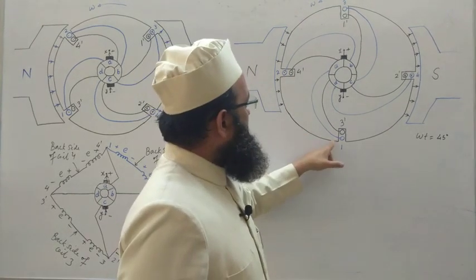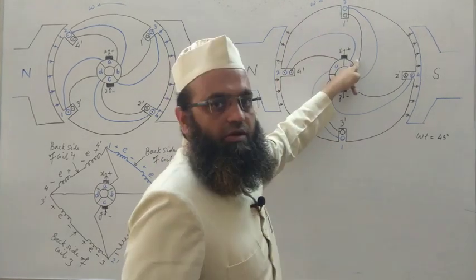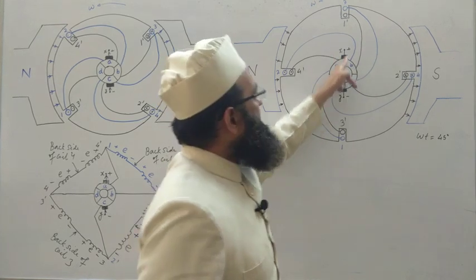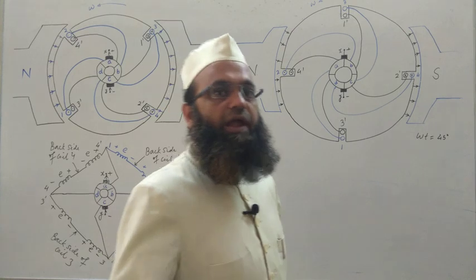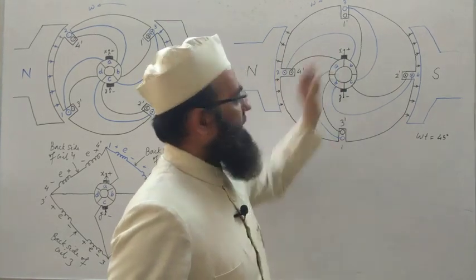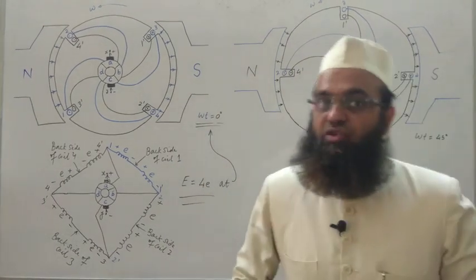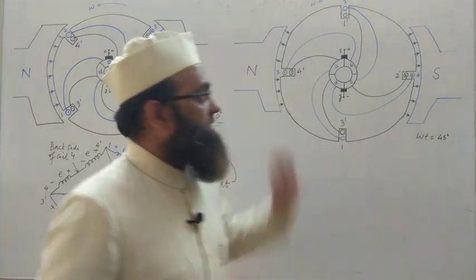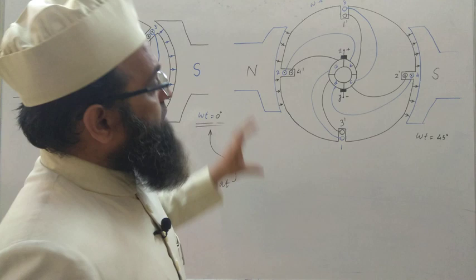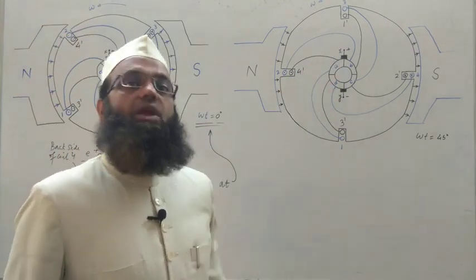One is connected with A and one dash is connected with B, and these two segments are shorted. It means one dash, the other end of coil 1, is shorted with the first end of coil 1. If EMFs were there, then a short circuit would happen and sparking would occur. That would not be good for the machine. That's why the position of brushes is fixed along the magnetic neutral axis.